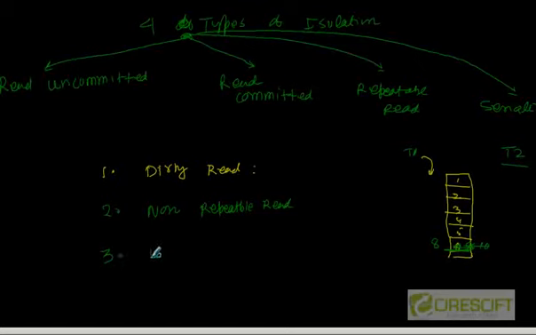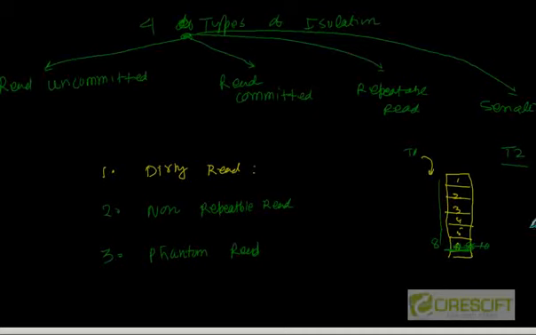And number three is called phantom read. Phantom read is the same as non-repeatable read, but with a very subtle difference. In phantom read also, I see different results at different times for the same query. But in phantom read, whatever data we read remains the same, meaning nobody has updated anything.